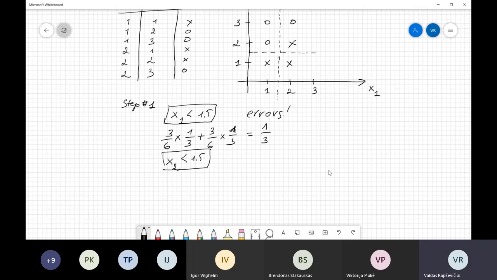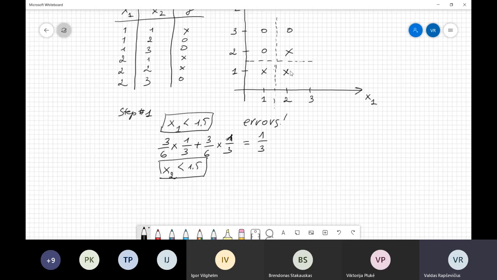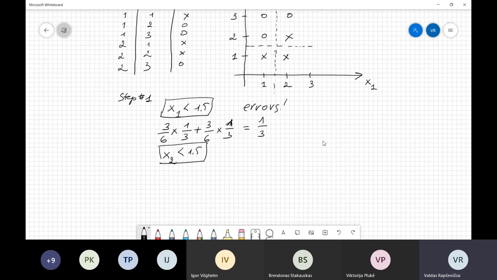Another candidate split. What we have here is 2 x's on one side and 3 circles and 1 x on the other side. So this is 2/6 times 0, because there are 2 x's and no errors. The majority class is x, everything is fine, plus 4/6's.